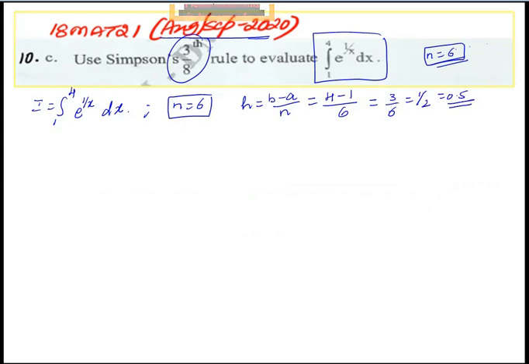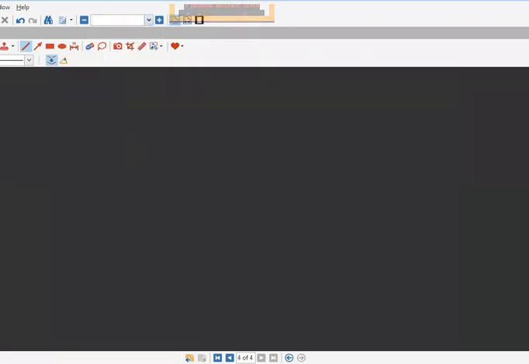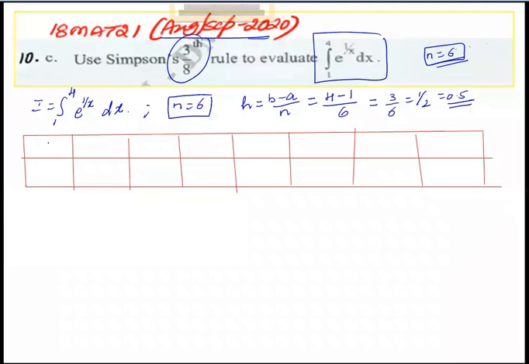Next, I will draw one table. Here we have x and f of x. The value of f of x is e power 1 by x. X from 1 to 4 with the distance 0.5.